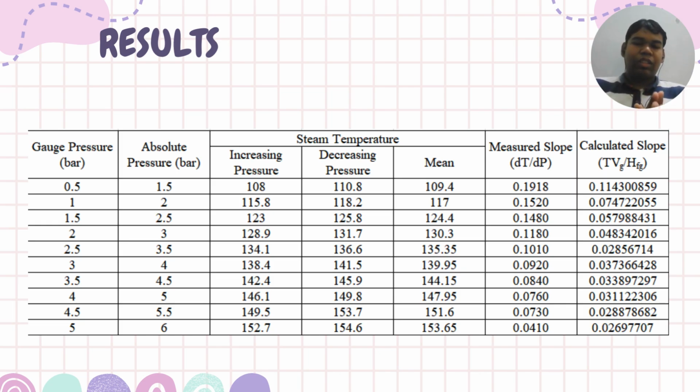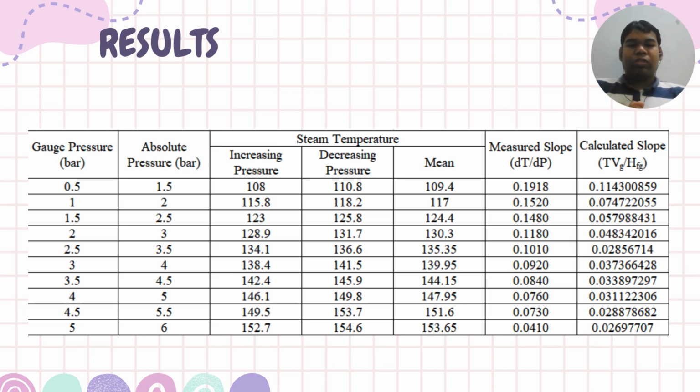This is interesting, but it actually relates to our Clapeyron equation, which states that the slope of the temperature and pressure will decrease over time as we reach higher temperature and pressure.